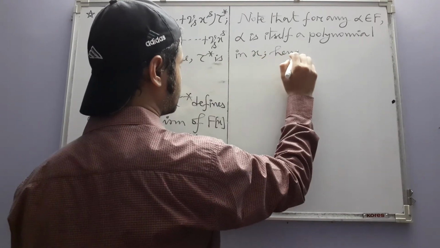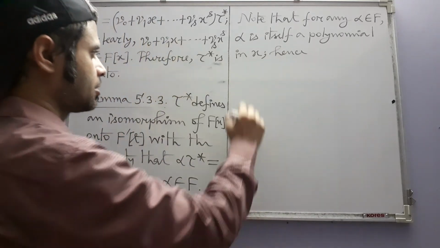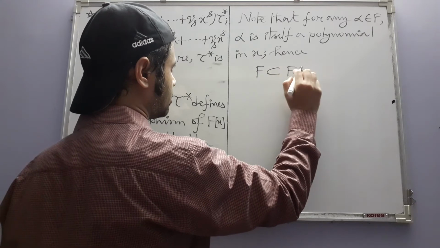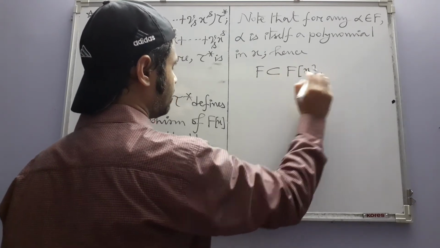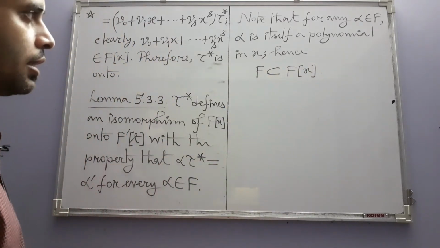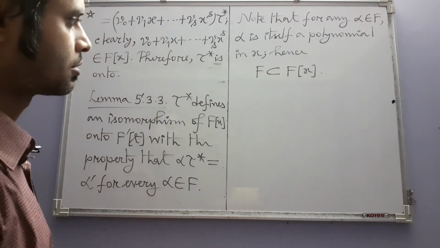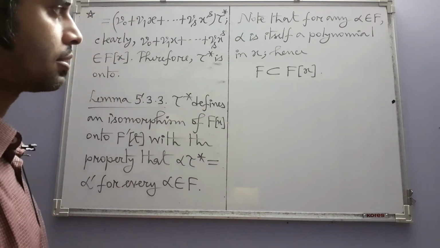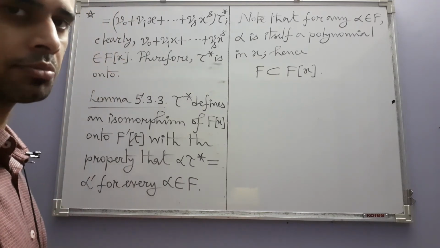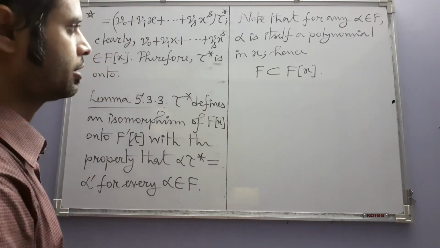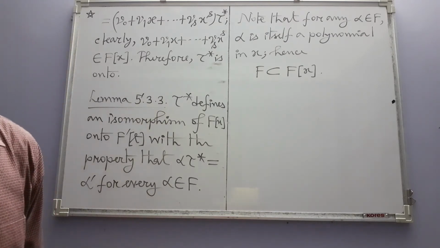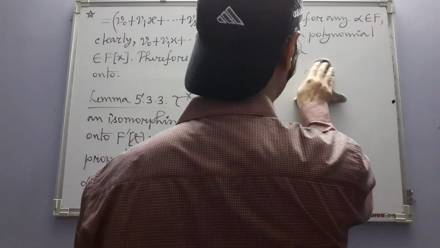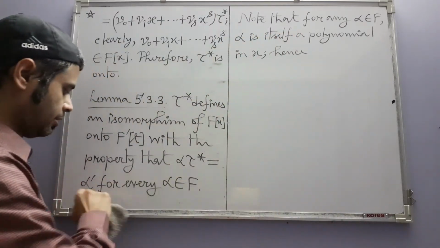That is just another way of saying that F is contained in F[x], or rather can be embedded in F[x]. So any field element can be regarded as a constant polynomial, and on alpha also you can apply tau star. If you do that, you get this.